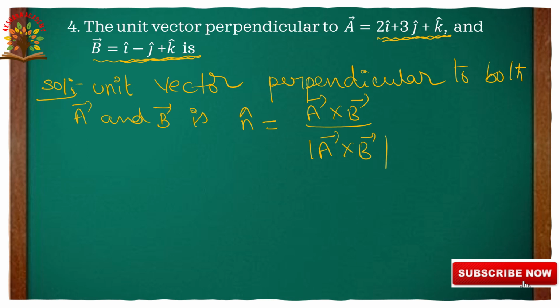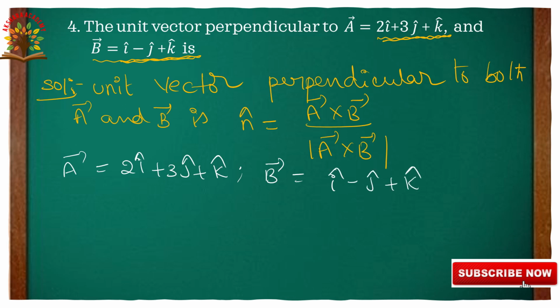Now given a bar is equal to 2i cap plus 3j cap plus k cap and b bar is equal to i cap minus j cap plus k cap.